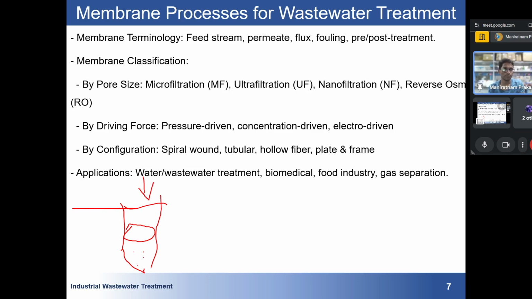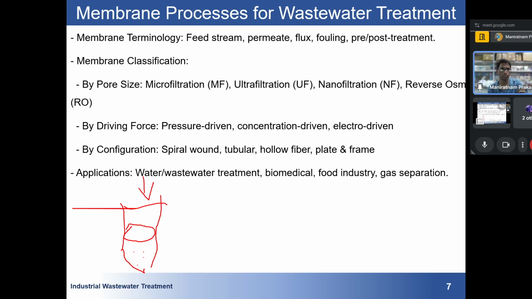If you use a membrane with a smaller pore size, those contaminants will get trapped on the membrane, and you will get treated water. So pore size plays a crucial role, and depending on this size, you will have microfiltration, ultrafiltration, nanofiltration, or reverse osmosis.